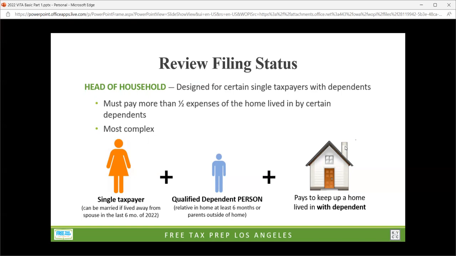They need to have a qualified dependent person. It should be a relative in the home at least 6 months, or parents outside of the home, and the taxpayer must pay for more than half of the expenses of the home they lived in. So remember, we need all these 3 requirements in order for a taxpayer to qualify as head of household: single taxpayer, qualified dependent person, plus paying more than half of the expenses of the home.